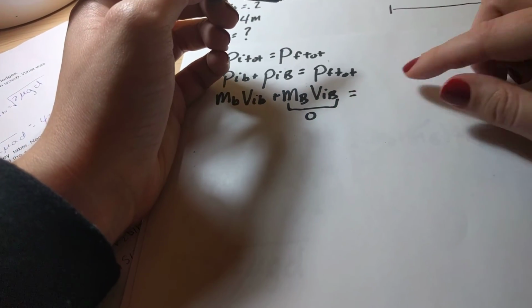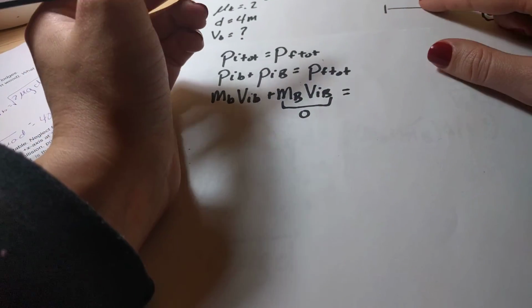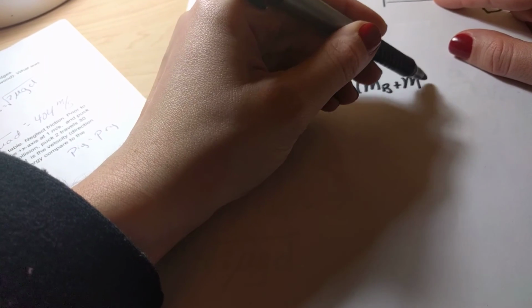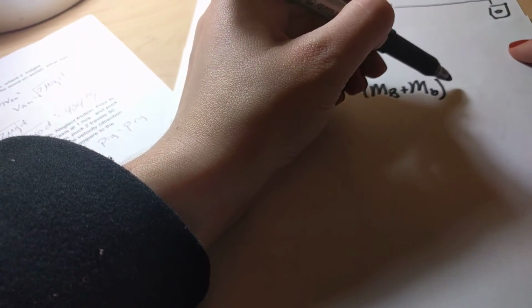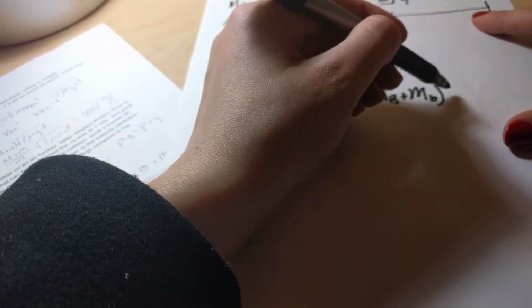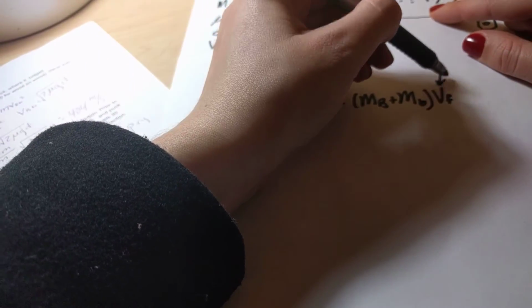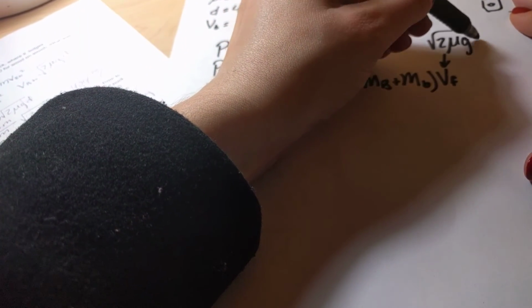And that's equal to our final momentum, where our final momentum is the mass of the block plus the mass of the bullet, because these objects are now embedded one within the other, times its velocity, which here is the square root of 2 mu g d.